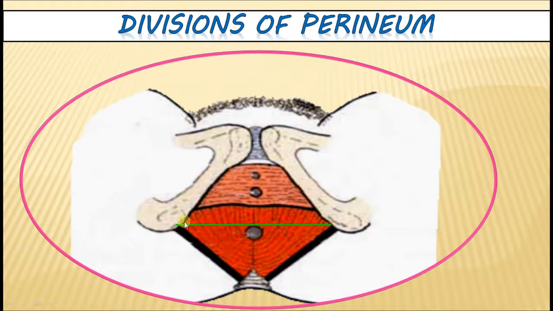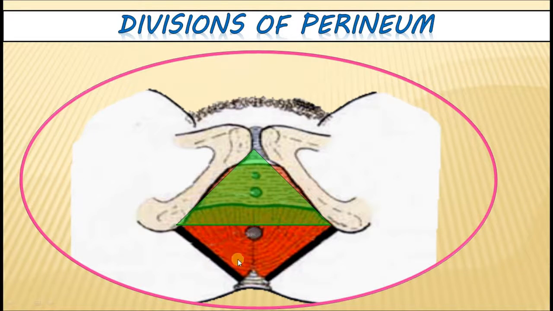If you connect the two ischial tuberosities, the whole diamond shaped perineum can be divided into two triangles: the anterior triangle is called the urogenital triangle, and the posterior triangle is the anal triangle, which is perforated by the anus.